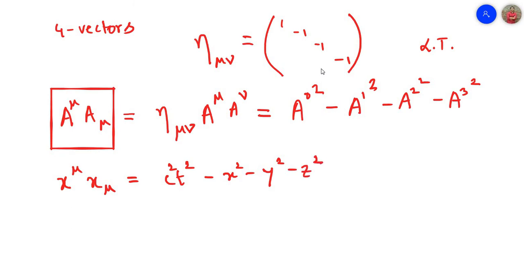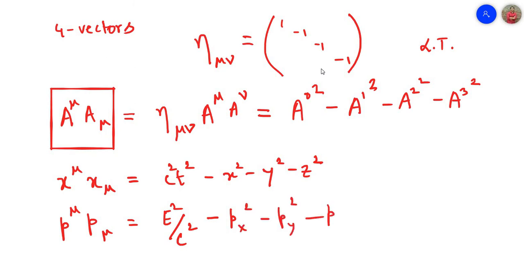That means this quantity should be invariant. This should also be the case for other four vectors. For example, if I take the momentum four vector, then p mu p mu should give me E squared divided by c squared minus px squared minus py squared minus pz squared.